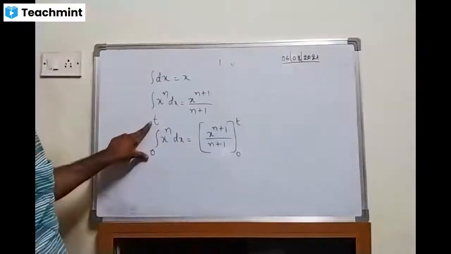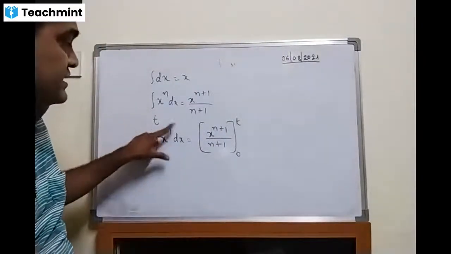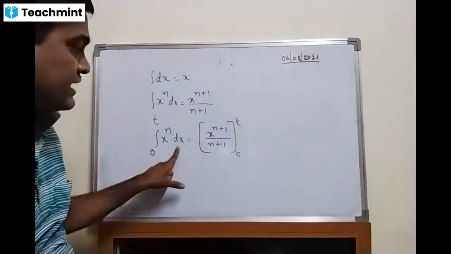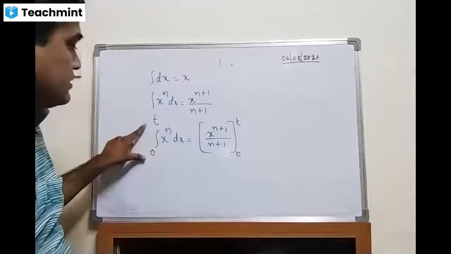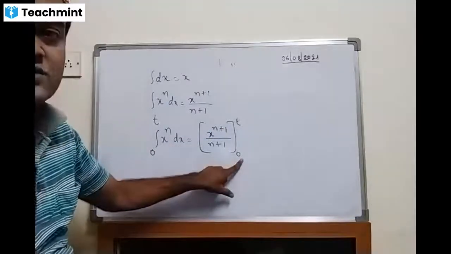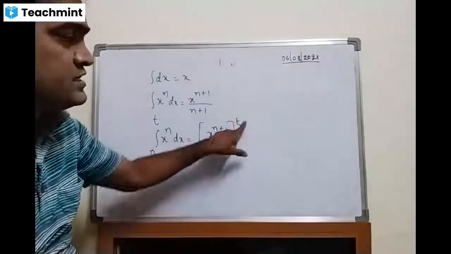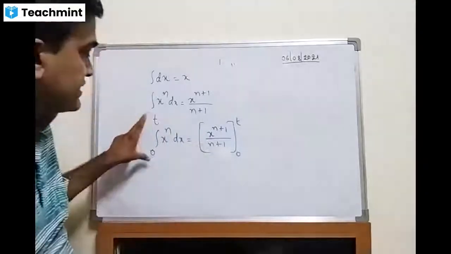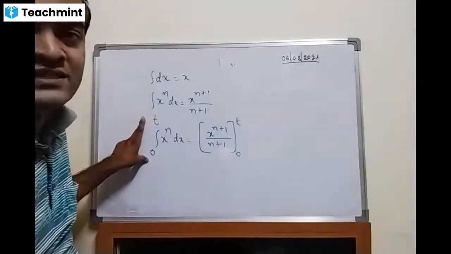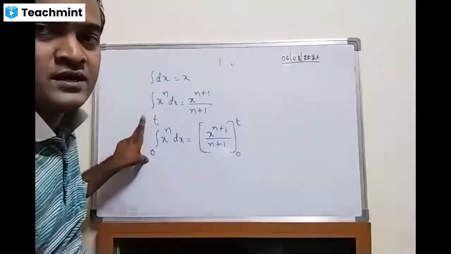Now this integral of x to the power n dx formula I have written, but the limits will come like this. 0 is called the lower limit, t is called the upper limit. This is how we write, and this integration is called a definite integral.